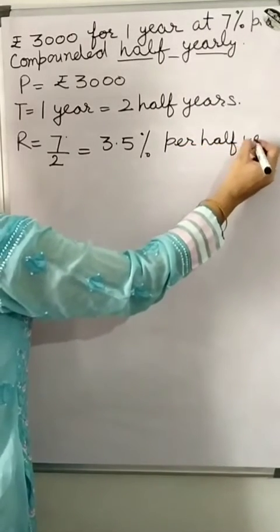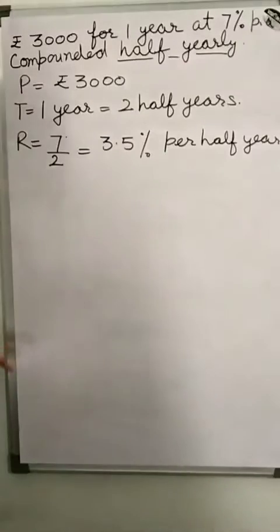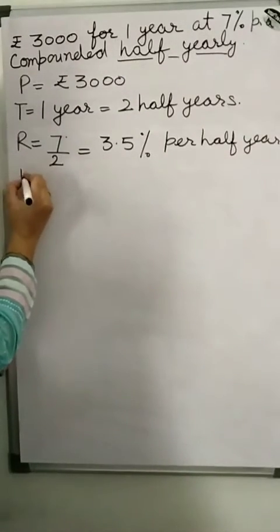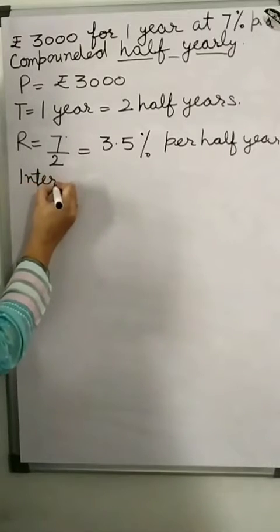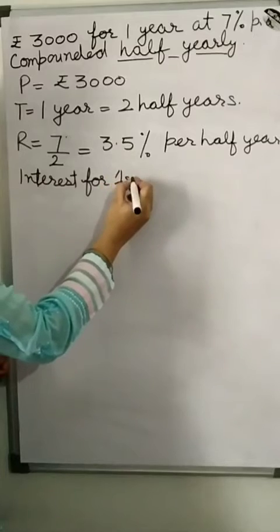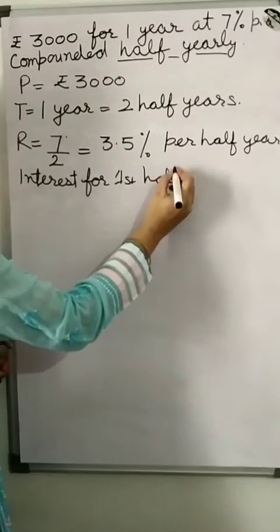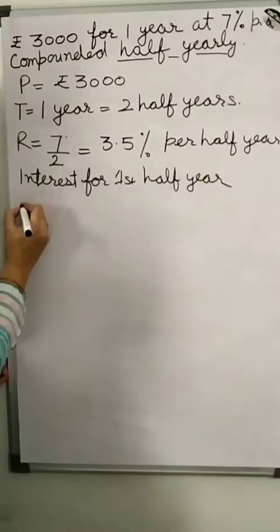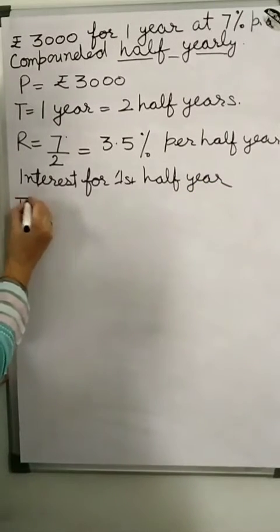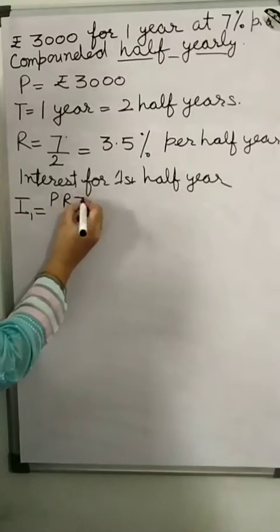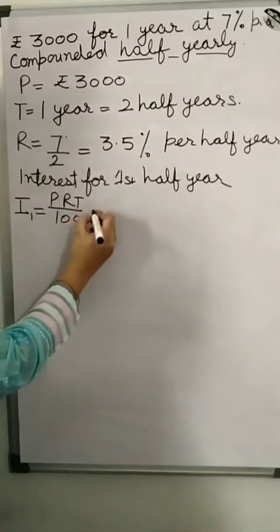Now how do we solve? Again use the simple interest formula and calculate it twice. Interest for 1 half year: I is equal to PRT upon 100.